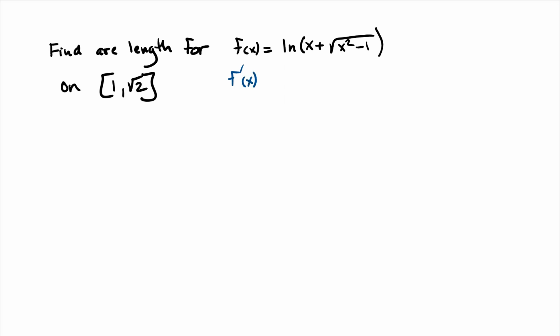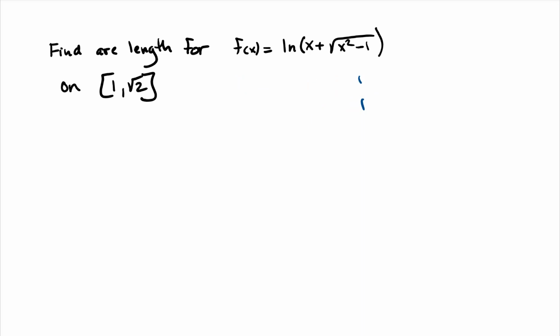See, we have an f. Take a derivative on this. This ends up becoming 1 plus, that's the square root of x squared minus 1. And now we're going to square it and put it in a square root. Good luck. Leaving it in terms of x's is not going to be a good example.